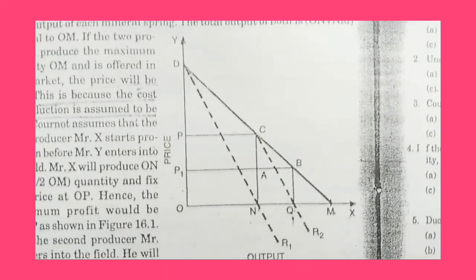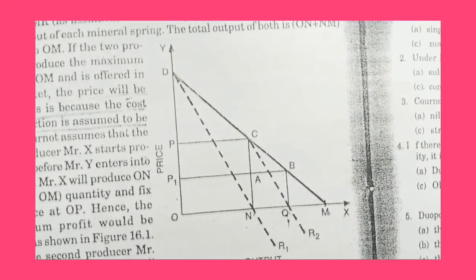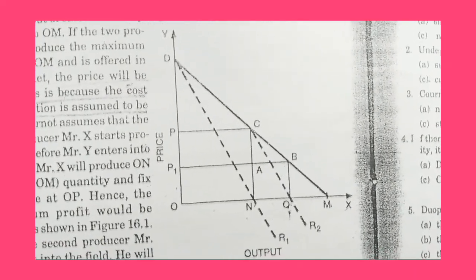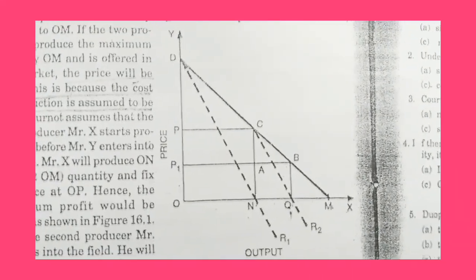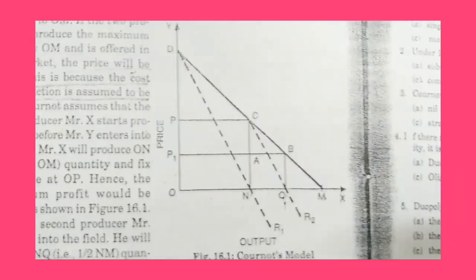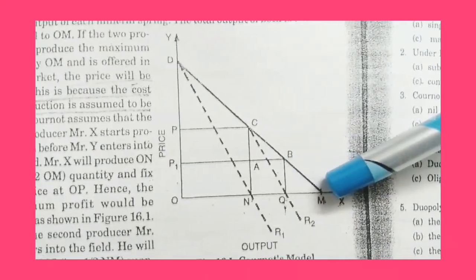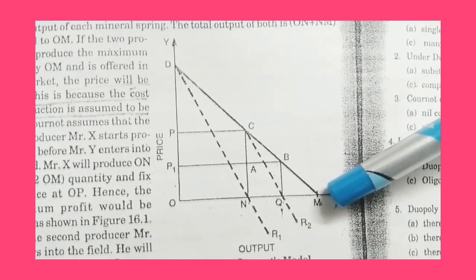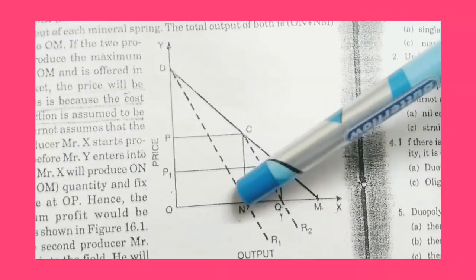In this diagram, DM is the total demand curve of the two sellers. MC and MR are assumed to be 0. Suppose ON is equal to NM.